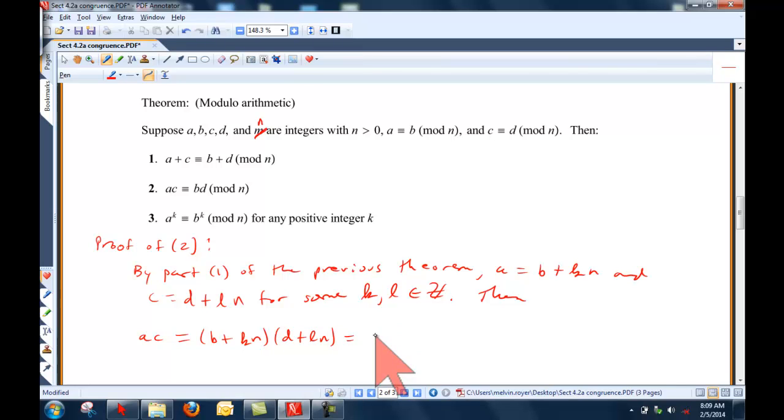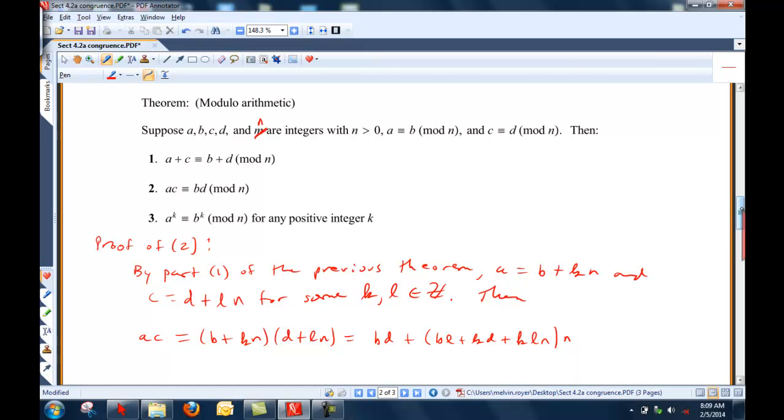And if we FOIL this out, we get BD, and all of the other 3 terms are all going to have an n. So I'm going to multiply out, and immediately in the last 3 terms factor out the n again. And we should get (BL plus KD plus KLn) all times n.